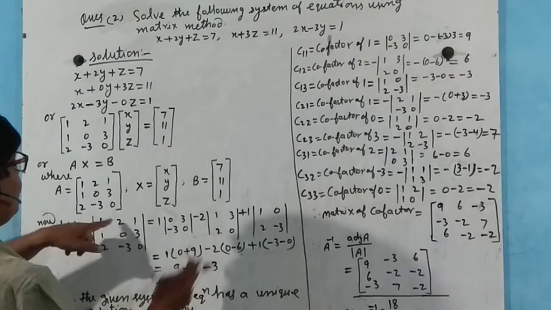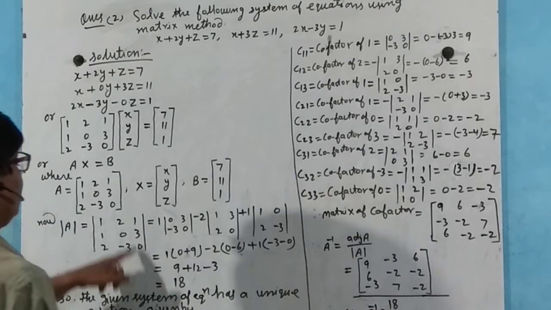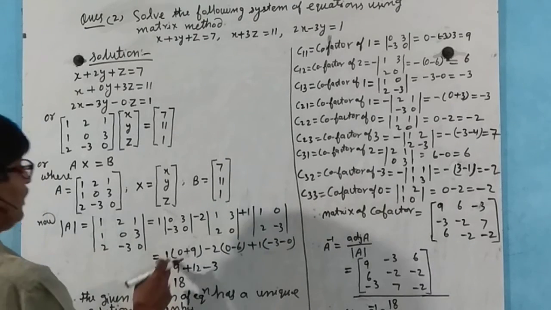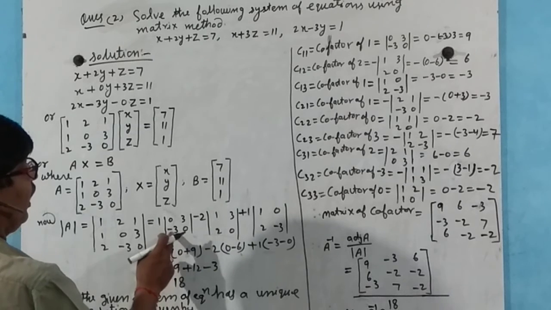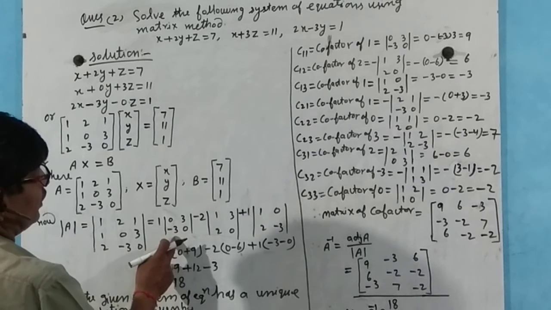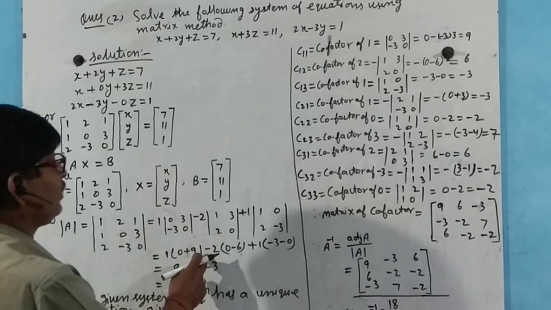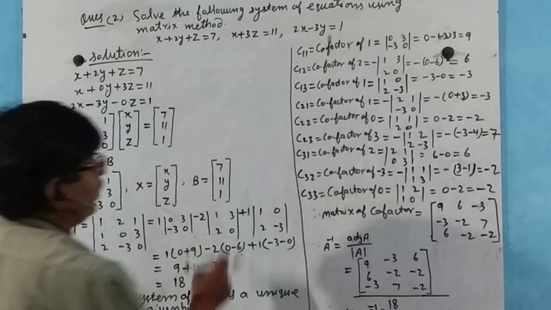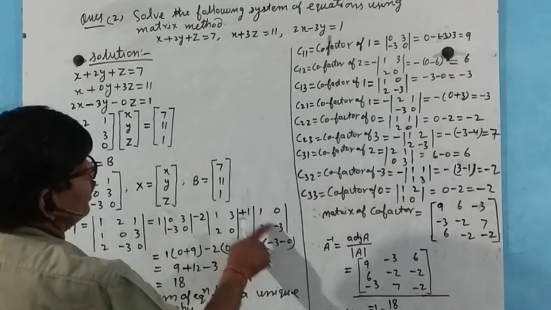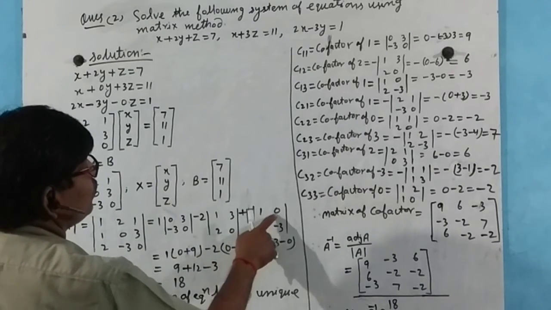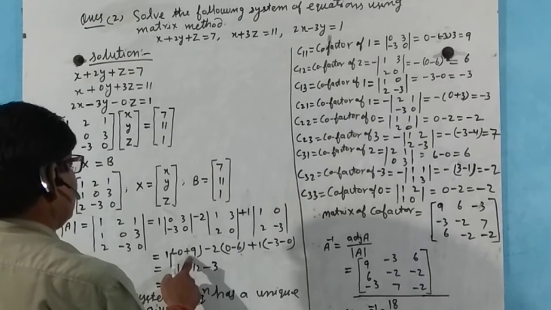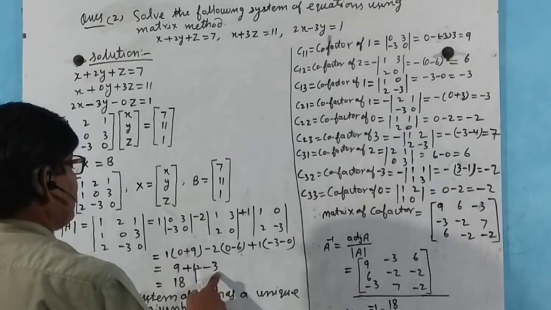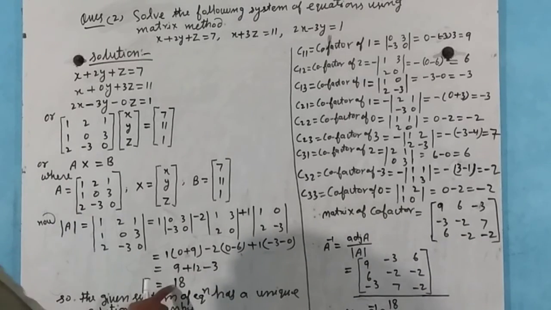Then plus 1, deleting this row and column, we get 1 0 and 2 minus 3. Now this is 0 minus minus 9, which is plus 9, minus 2 times the 0 minus 6, which is plus 12, plus minus 3, so that the determinant is equal to 18.